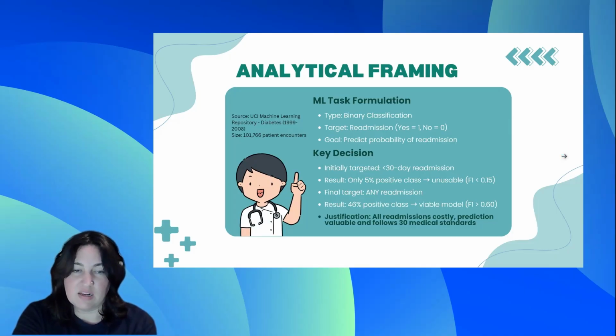So I decided to look at any readmission. However, for all of the framing, I stuck with the 30-day medical standards just because our current data and resources tell us that the majority of patients that have diabetes are being readmitted within those 30 days.